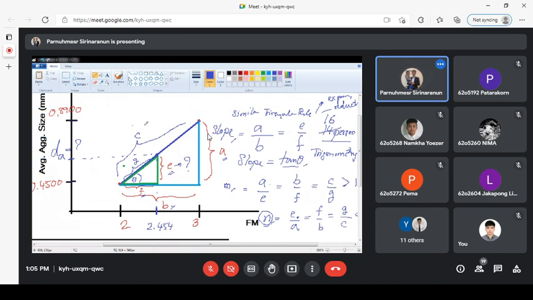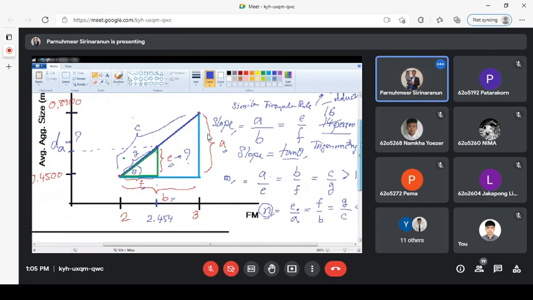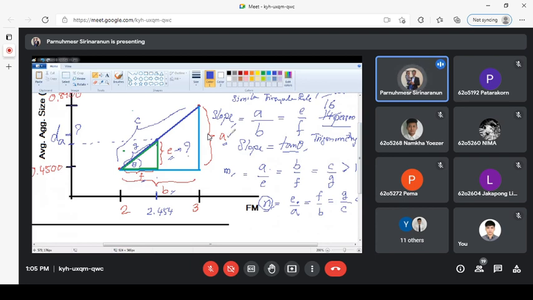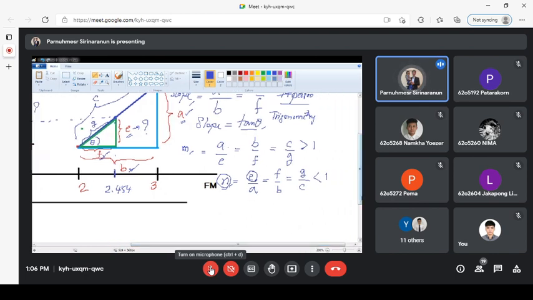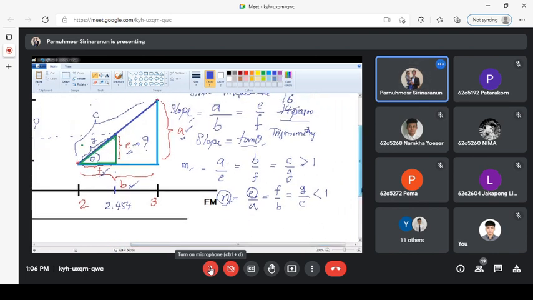Yes or not? You can calculate A from this graph. B you can find. And also F you can find. Except E. If you use the correct concept, you get the idea very quickly. Clear?